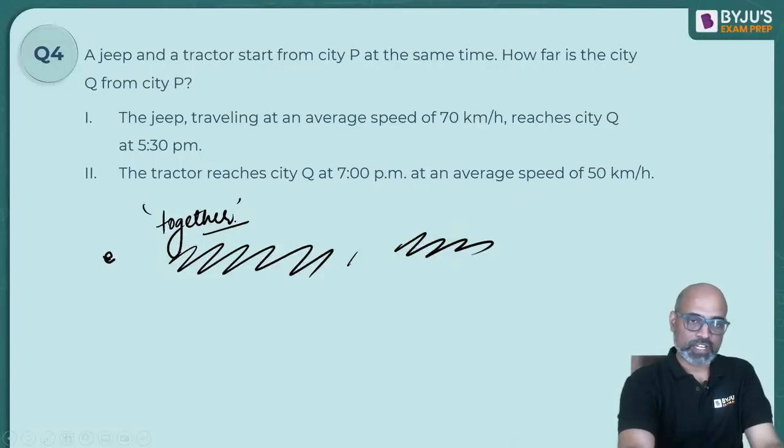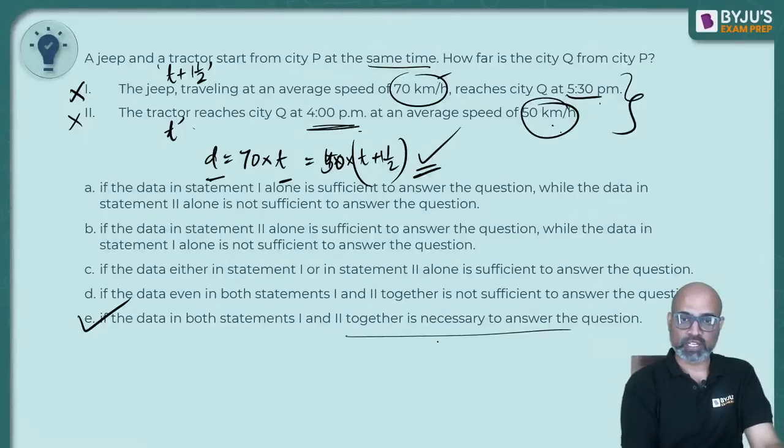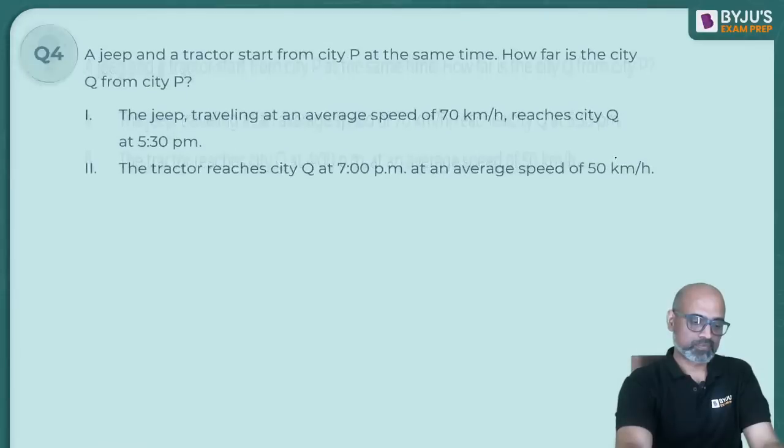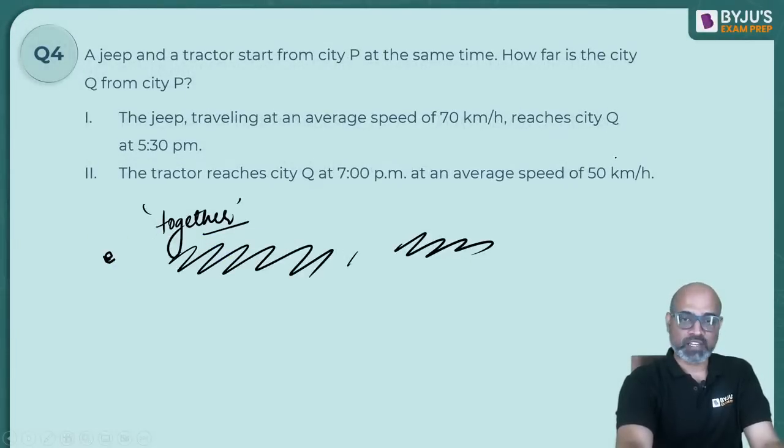It was E, where you can answer the question using both together. Both statements are required. Rohan, Guru. Yes Surabhi, that's what I'm saying. It's not about time being more, it's more about the speed, which should have been 50 and 70. I did this wrong.